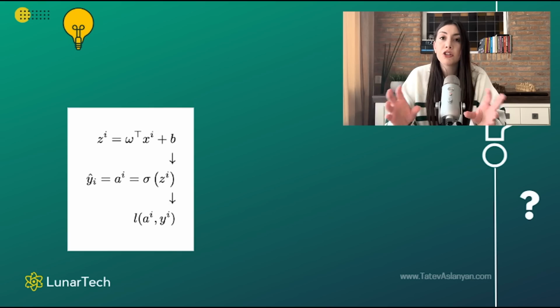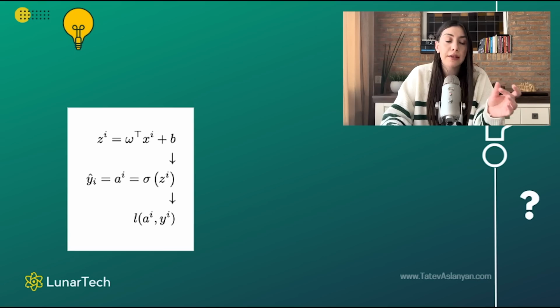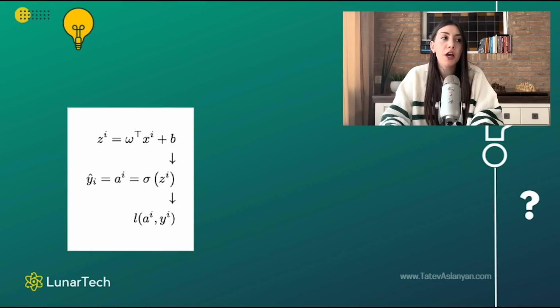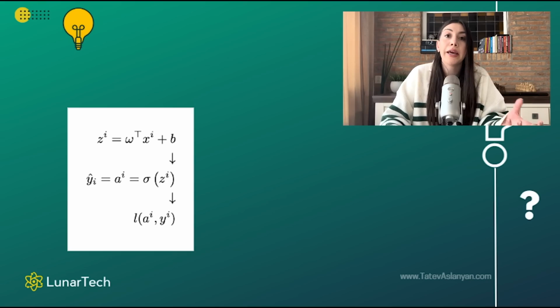And these activation functions are applied to all these different z-scores, which are based on the weights, the input data and bias factors, in order to understand how much each neuron should be activated.